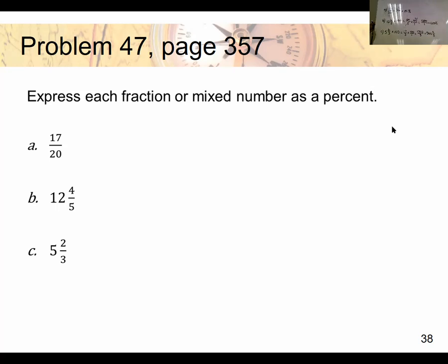And if they want that as a fraction, it would have to be like this: 566 2/3%. Okay. All right, any question about converting a fraction or a mixed number to a percent? Okay. All right.